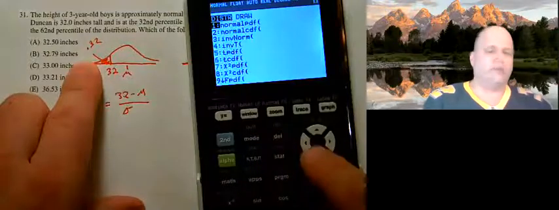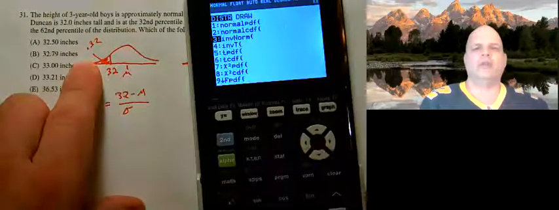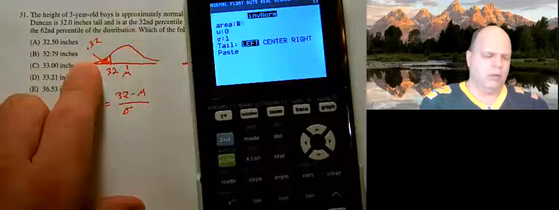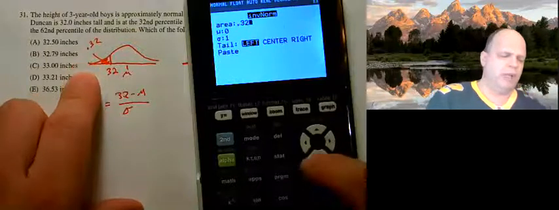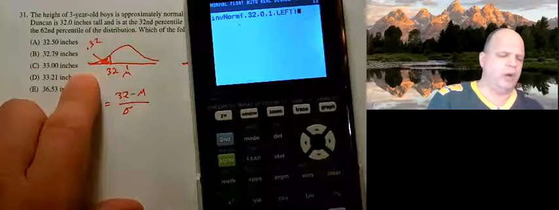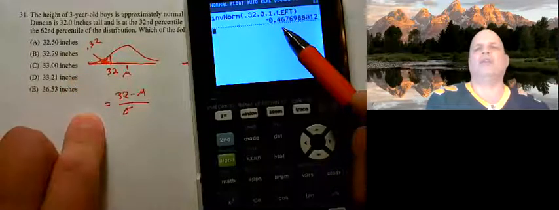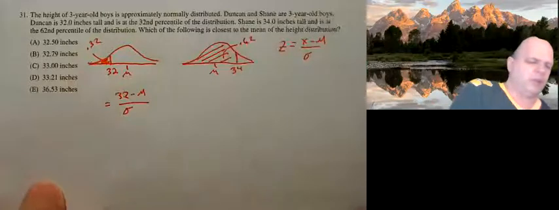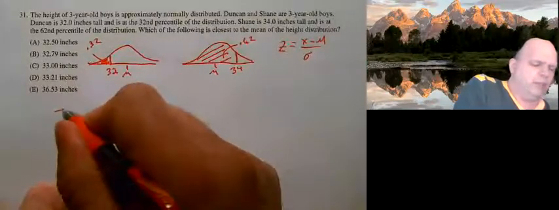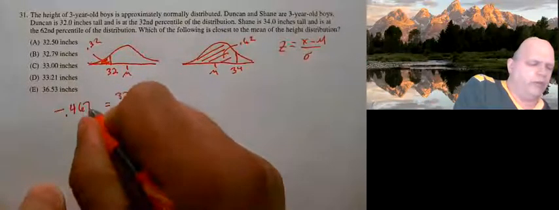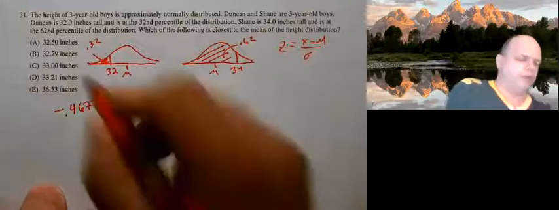So second vars, inverse norm, 0.32, mean is 0, standard deviation of 1, and I end up getting a negative 0.4677. I'm going to write that down. Negative 0.4677. And that's my z-score.